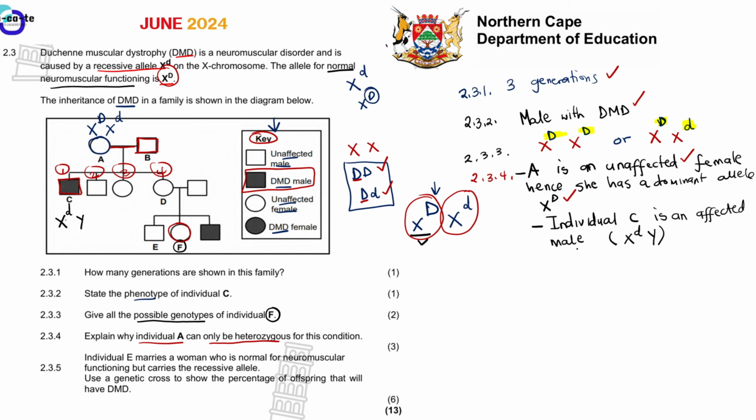Now you explain that since individual C is the baby of individual A, in other words, individual A is the mother to individual C, the baby, individual C, has inherited this X with a small letter d from the mother, because the father can only give X and Y. So you have got X, Y, something like this.